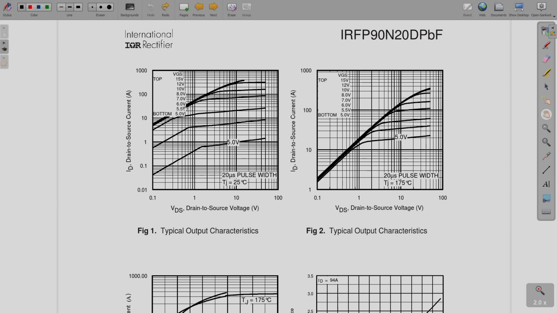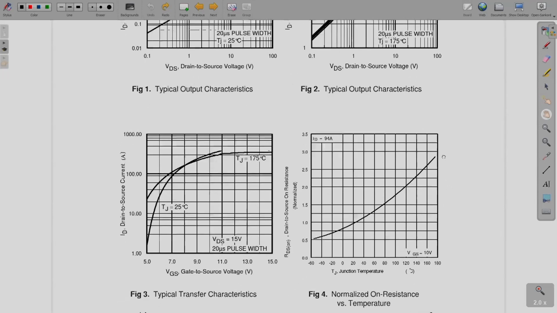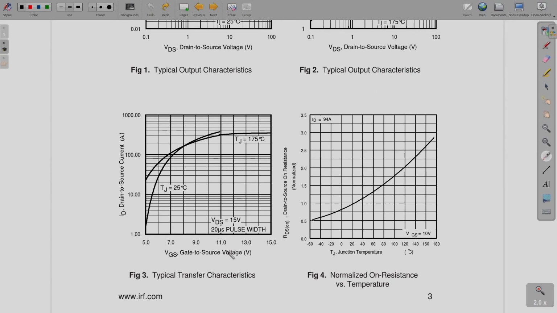Next, some of the other graphs which are of importance to look into while designing or choosing the gate driver circuit is this over here. What you can see here is your drain to source voltage versus drain current, and what is the VGS that is applied. So, you can see here that above around 10 volt or 12 to about 15 volt, it enters into the ohmic region. So, that is a good point to apply like around 12 volts or 15 volts as your gate to source voltage. And then you can also see this transfer characteristics, VGS versus ID.